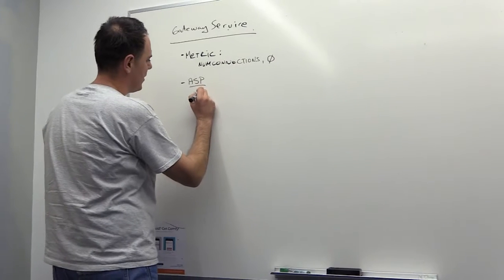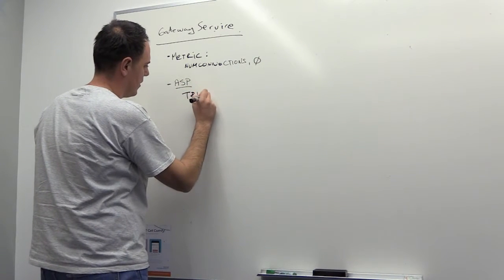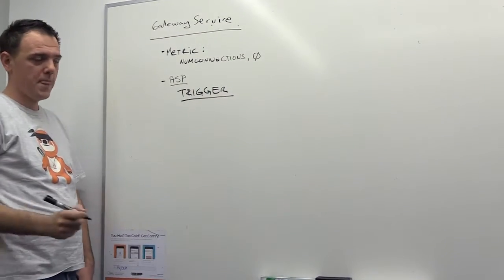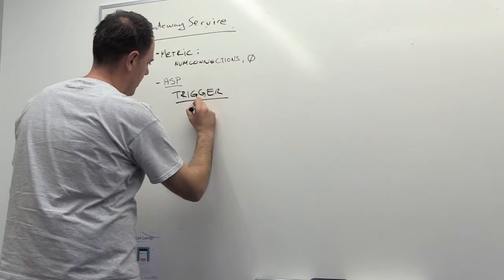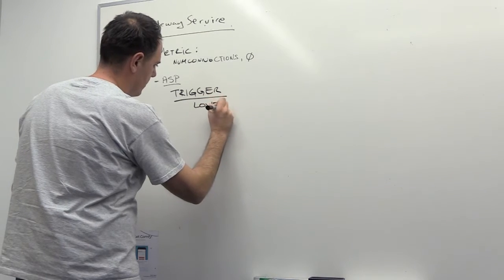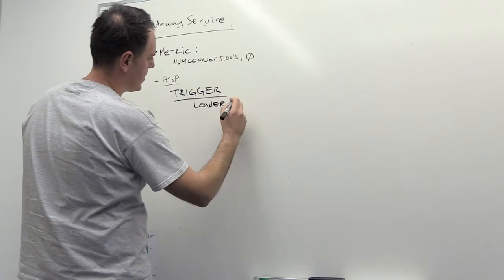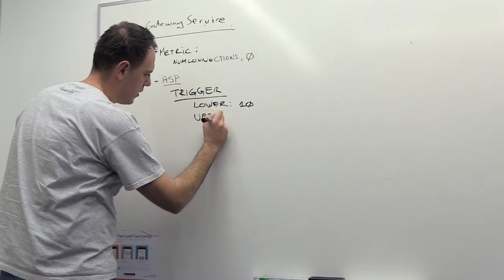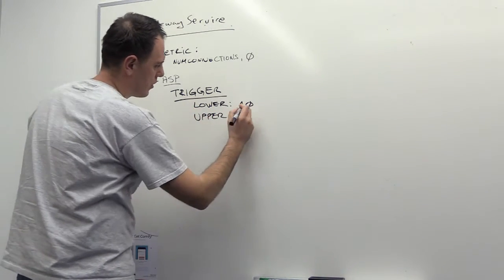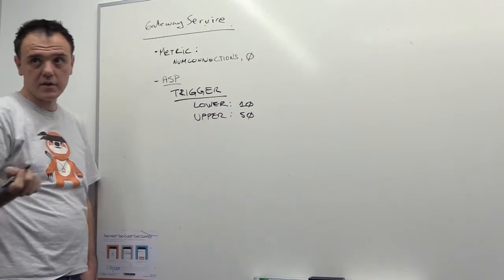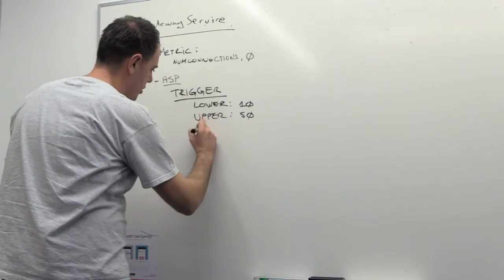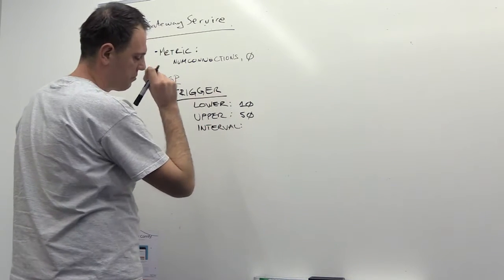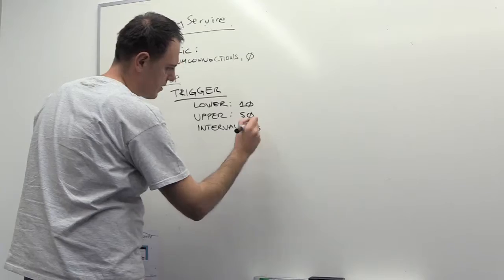So you will say that this policy has an average load trigger with a lower threshold of, let's say, 10 connections and an upper threshold of 50 connections, and an evaluation interval of, let's say, 60 seconds.